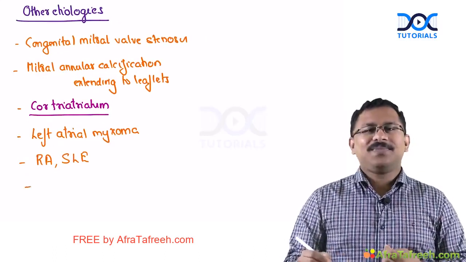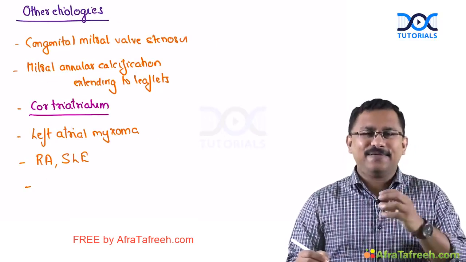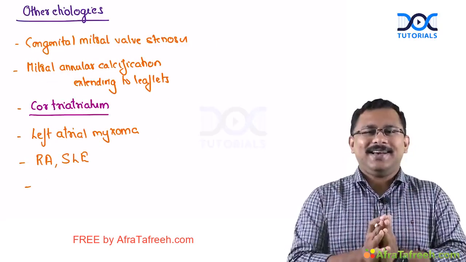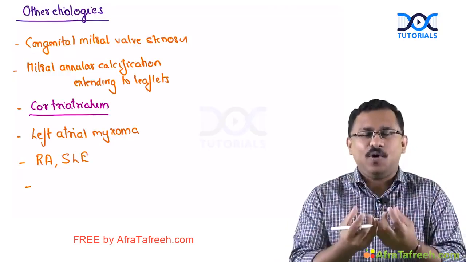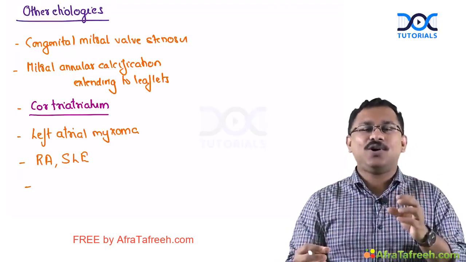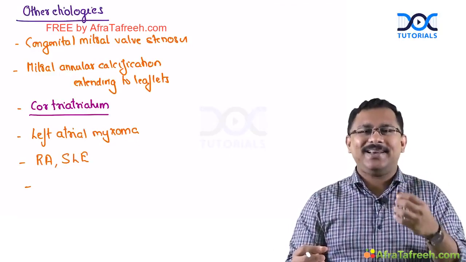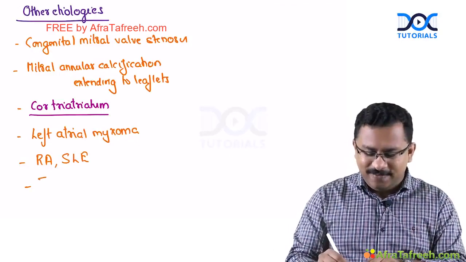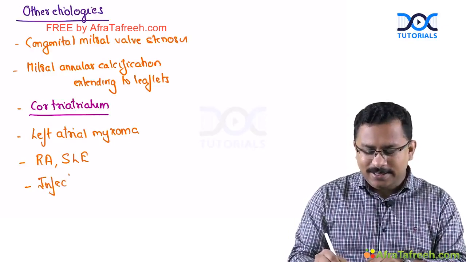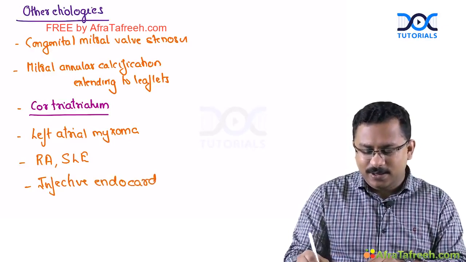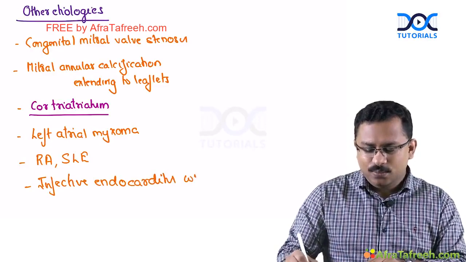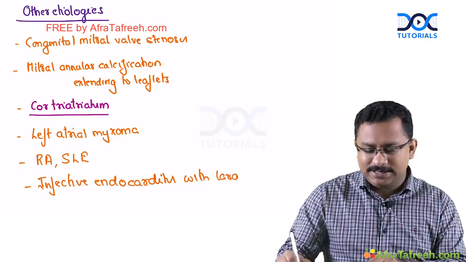And also, when you have IE, infective endocarditis, with large vegetations, which can cause obstruction of the flow, that can also lead on to stenosis across the mitral valve.